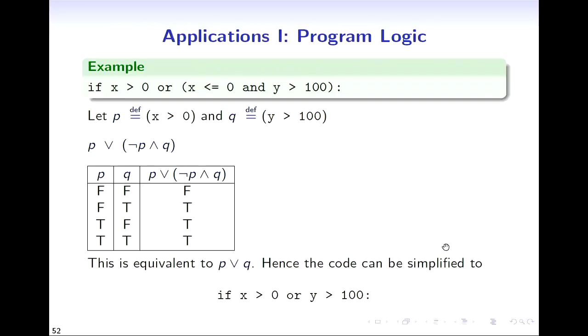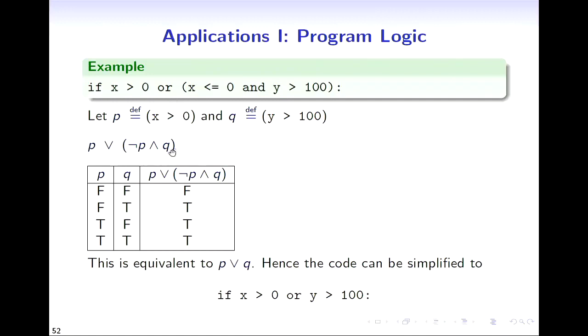That stands for y is greater than 100. Then what my condition here expresses is the same as p or not P and Q. Why is that the case? Because x smaller or equal to 0 is the negation of x greater 0.